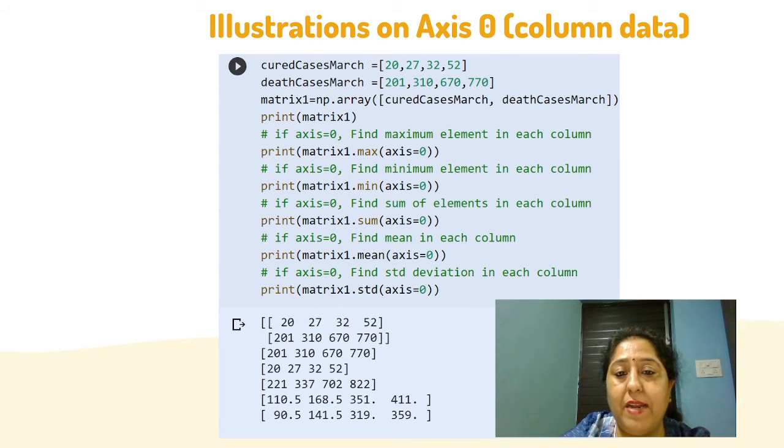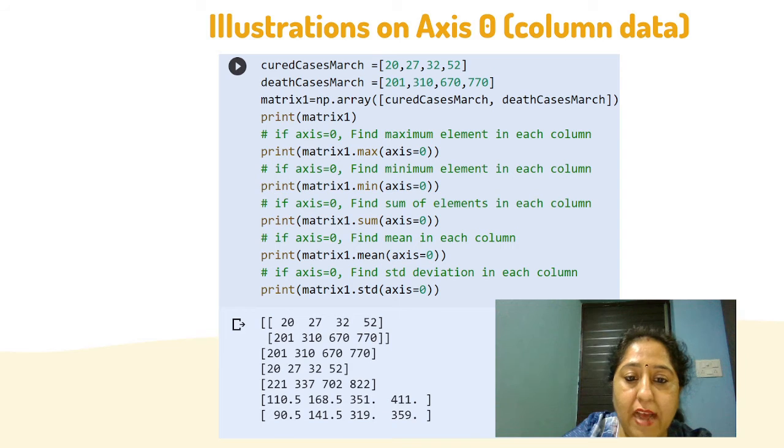Now, let us apply these statistical functions on axis 0, that is column data. When we write matrix 1 dot max and in brackets we write axis equals to 0, then we are actually finding the maximum element in each column.